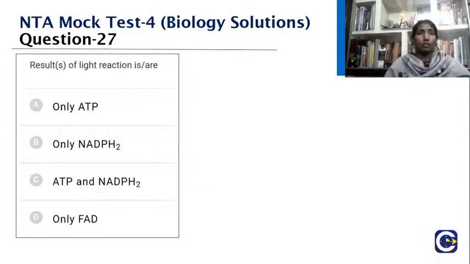The next one: the results of light reaction are only ATP, only NADPH2, ATP and NADPH2, or only FAD. During the light reaction, the sunlight photons are taken up by the chlorophyll and converted to chemical energy, stored in the form of ATP and NADPH2.